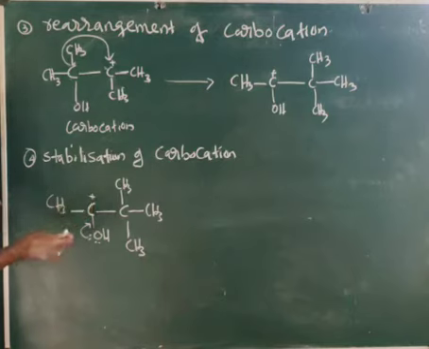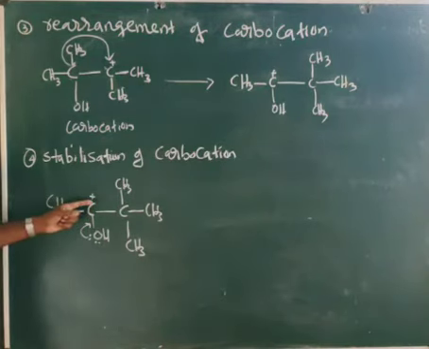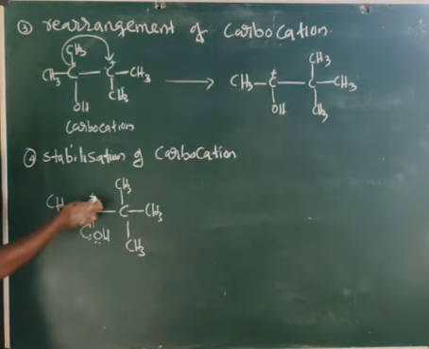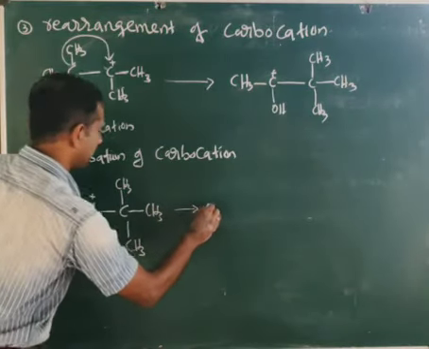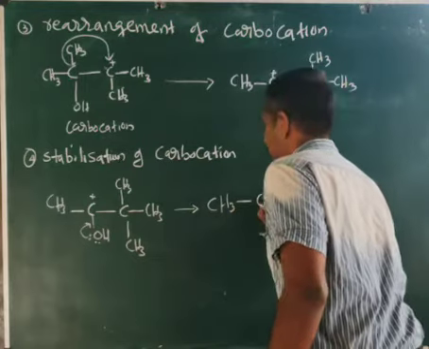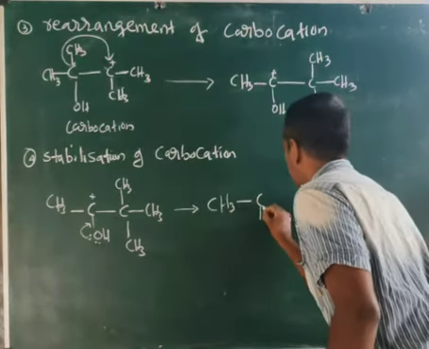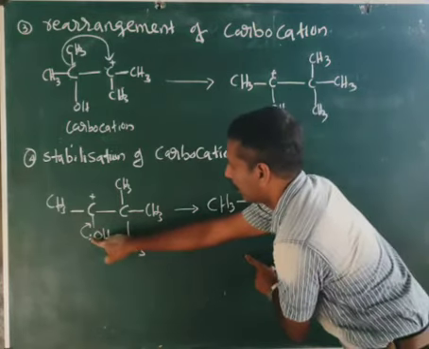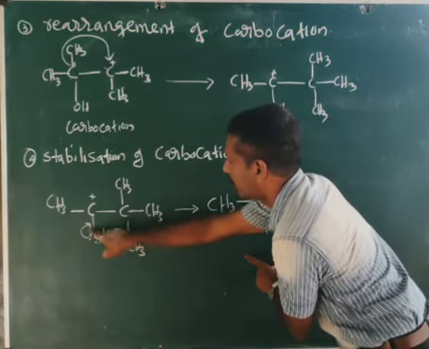Then the positive charge on the carbon is removed, because the negatively charged electrons are shifting to here. So what we get is a structure like this: CH3, C, and here a double bond to OH.